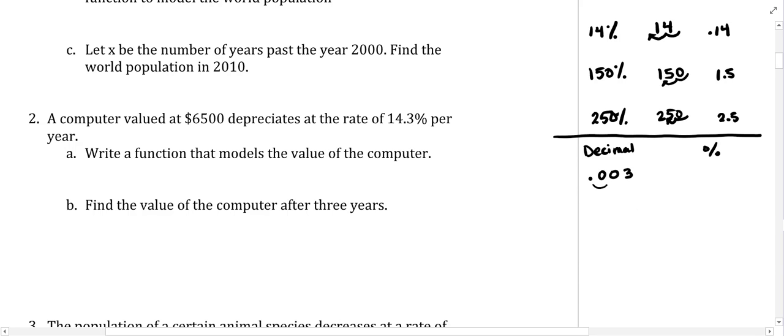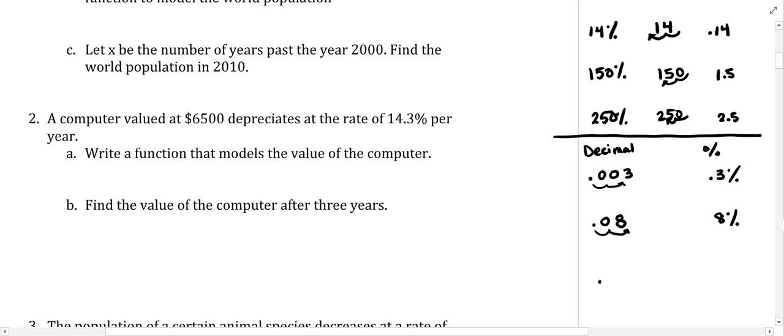So you move it 1, 2, so this will be 0.3%. Yes, a decimal can be a percent. Are we clear? If they tell you that it is 0.08, and then you move it twice to the right, then that is 8%.